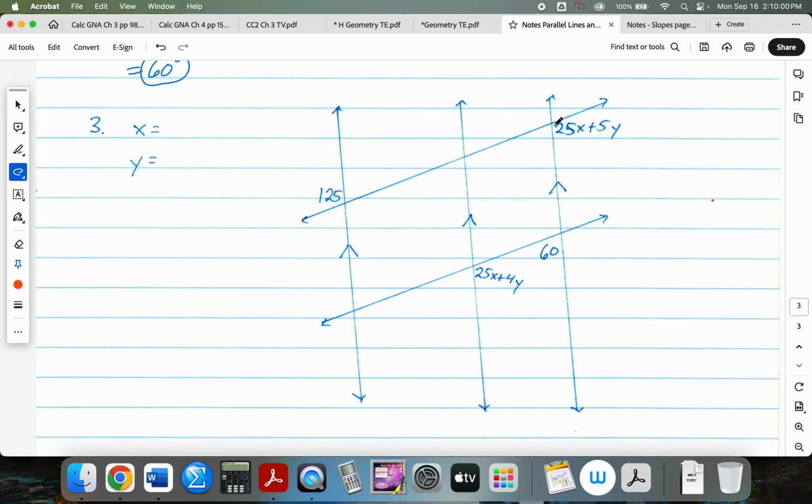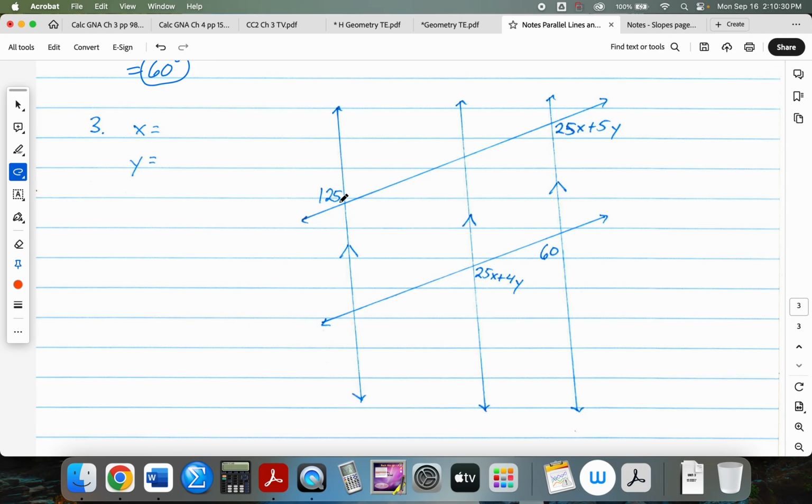So like on this one, there's no relationship between these two angles, because if we're going this direction, we're crossing two lines that I don't know are parallel. There's no mark there to show that they're parallel. I want to be going this direction across the two parallel lines.